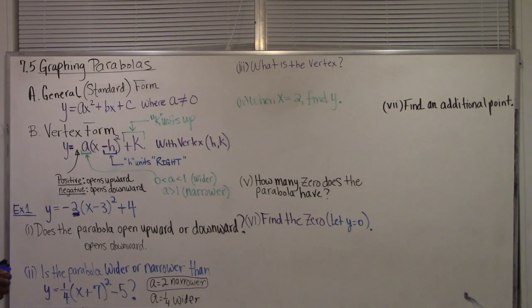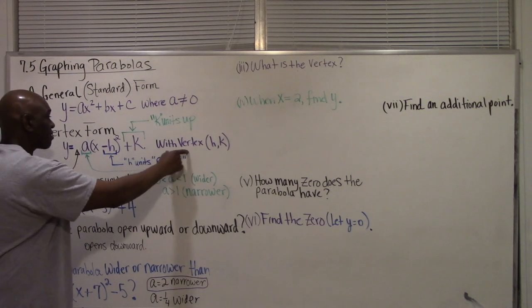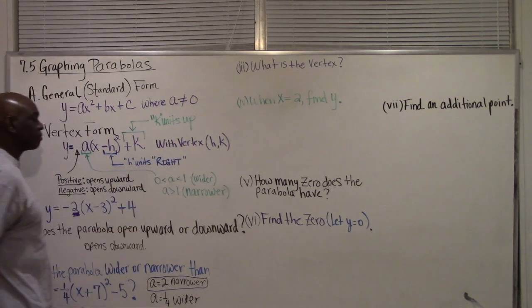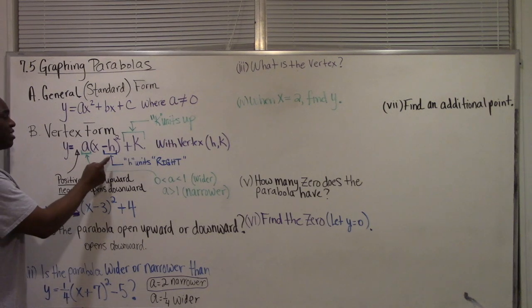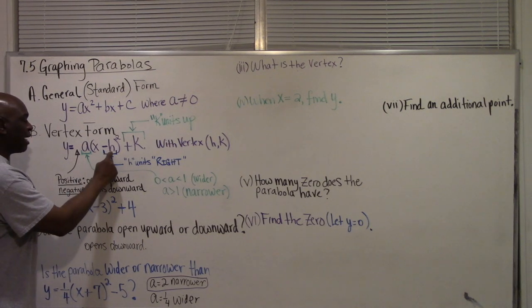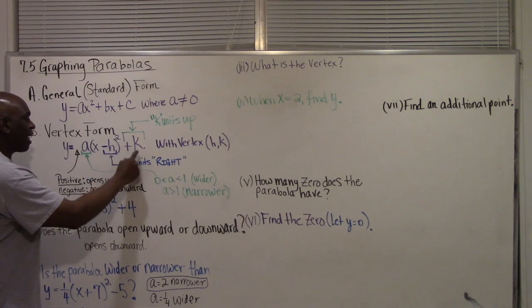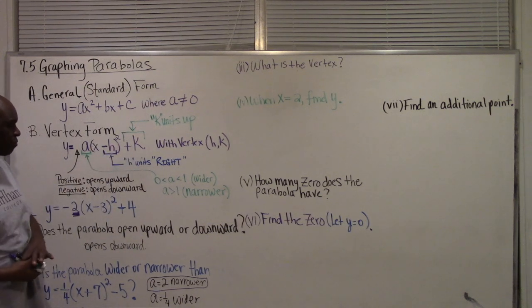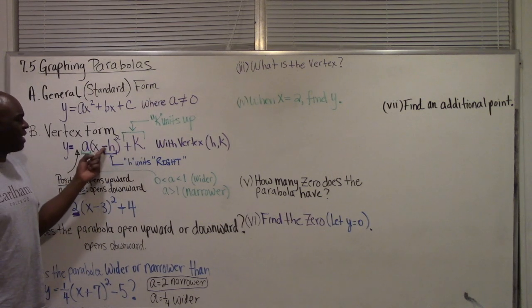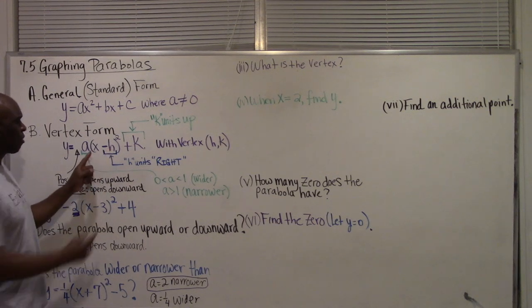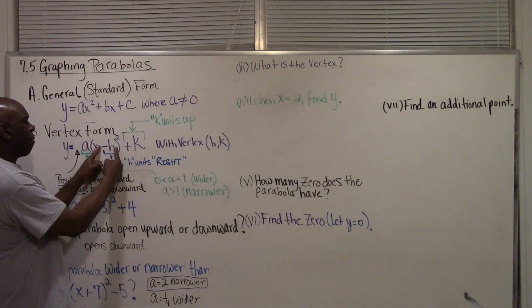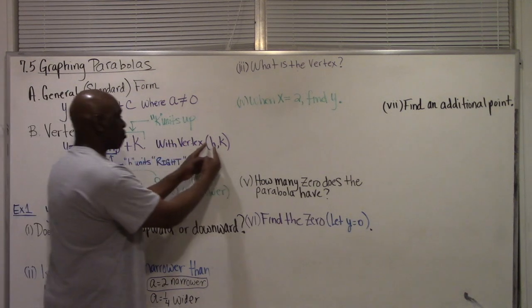All right. What is the vertex? Well, the vertex is (h, k). Our h in this case is right here. Notice this: we have a minus h here, but I did not write minus h right here.